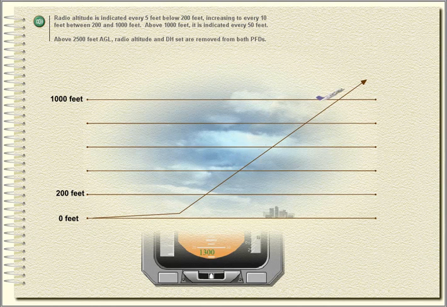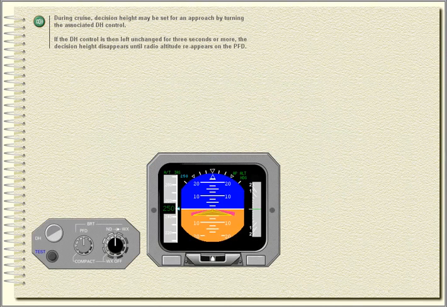Above 1,000 feet, it is indicated every 50 feet. Above 2,500 feet AGL, radio altitude and decision height set are removed from both PFDs.